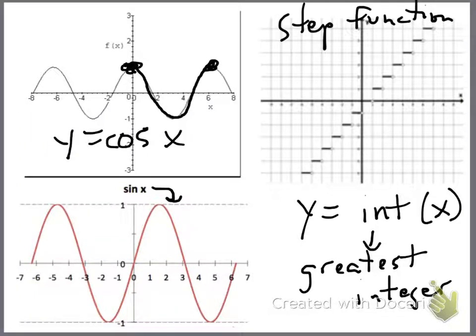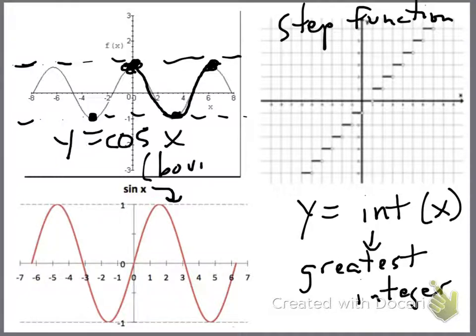So that's one cycle of the cosine graph. I want you to notice something. If I asked you, is the cosine graph bounded? Well, you would definitely say it's bounded above, and you would definitely say it's bounded below. So this would actually be bounded.